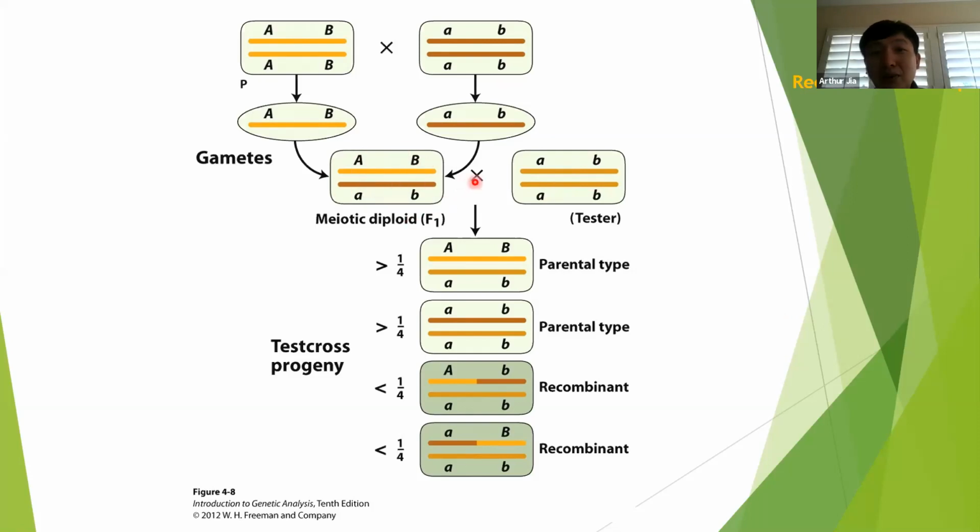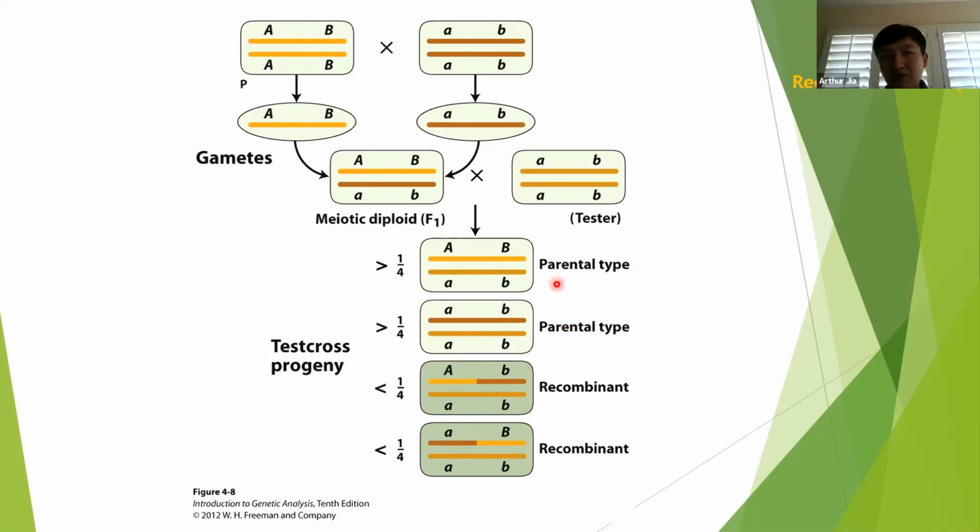All right, so when we do the test cross, we're going to produce lots of progeny, because we need big data to do the statistics. But even with many thousands of progeny, they will fall into four categories.